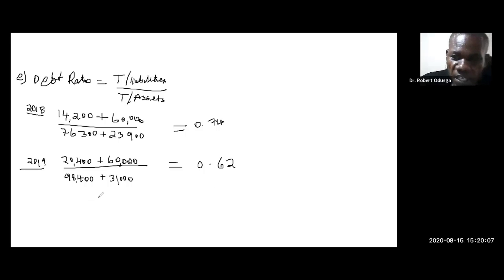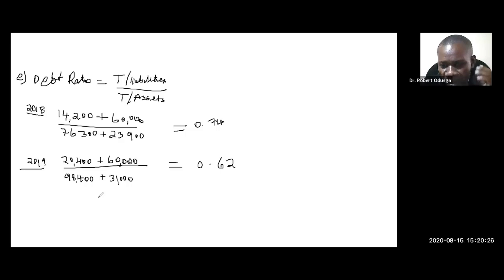So according to the debt ratio, for 2019 it is 0.62 or 62%. For 2018 it is 74%, and for 2019 it is 62%.